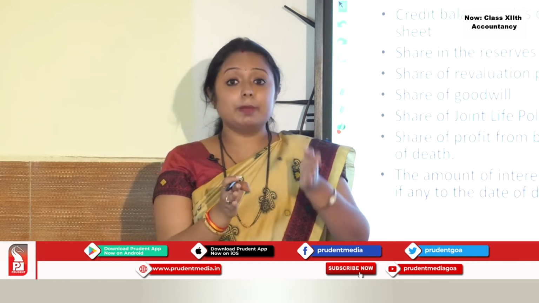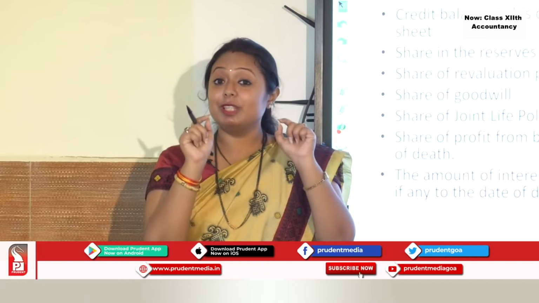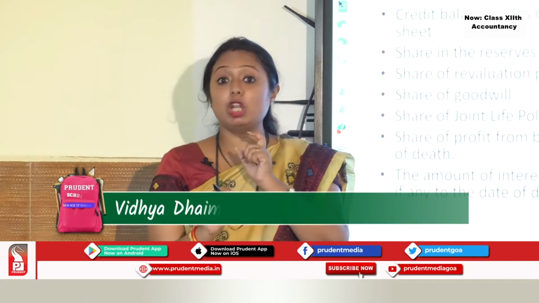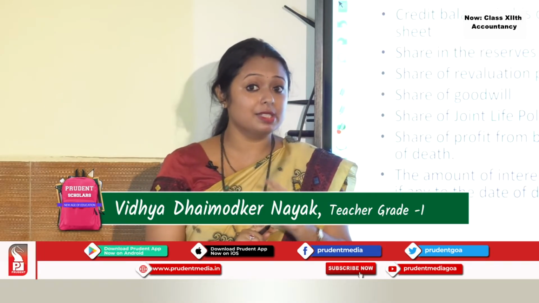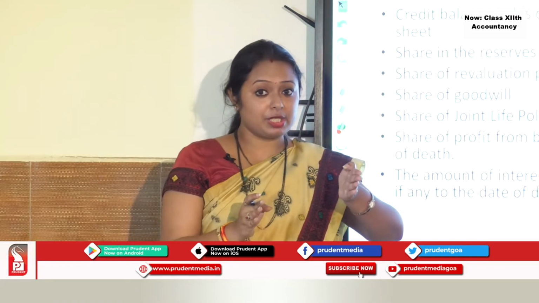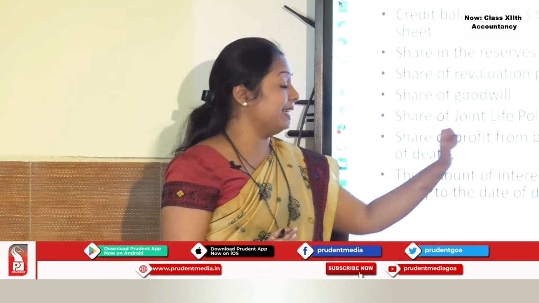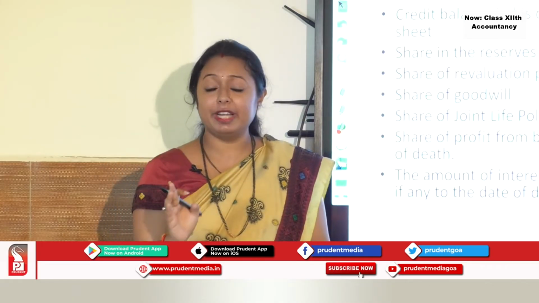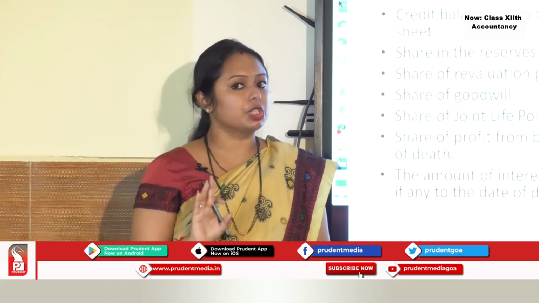But suppose the partner dies on the 1st of March, in the middle of the year. He is there in the partnership firm for how many months? He is there for 2 months. So from the beginning of the financial year till the date of death, this partner is entitled to a share of profit even if he has worked for 2 months in that partnership firm.